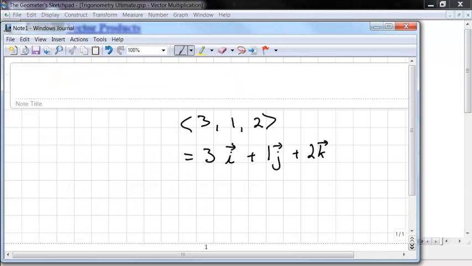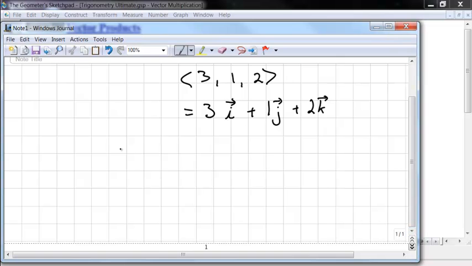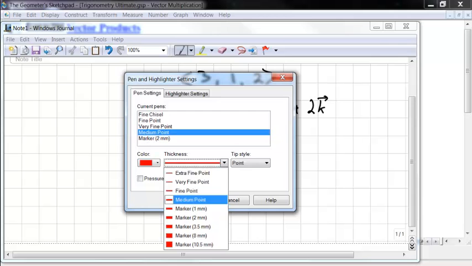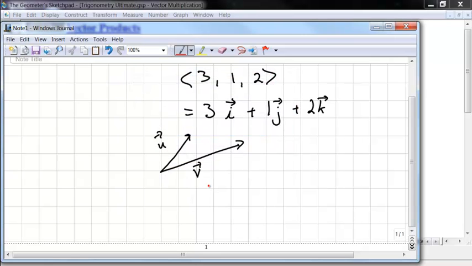In the meantime, let me just draw a couple things here by hand. If you have some vectors going here, say this is u and this is v, let's pick a different color. And there's a vector in this direction.